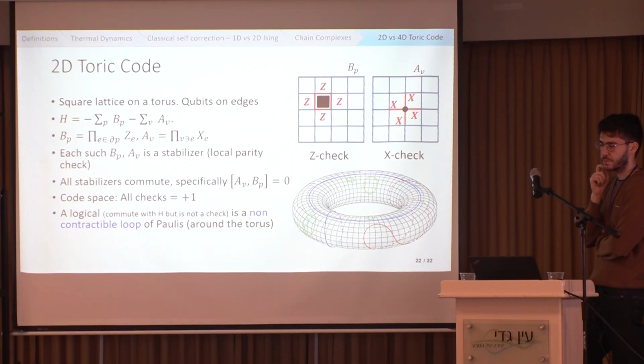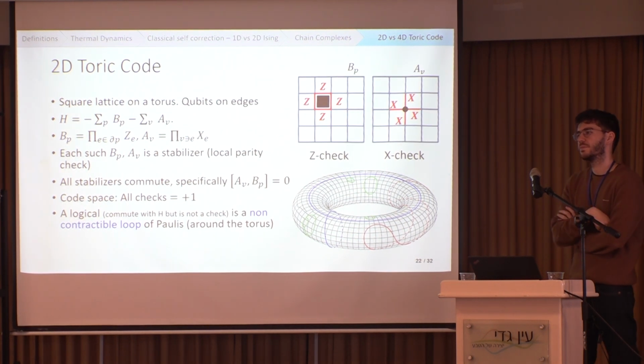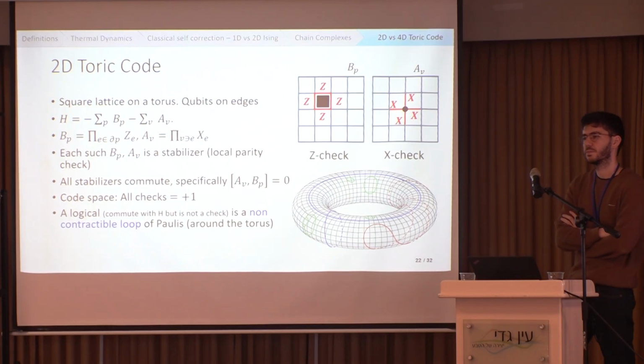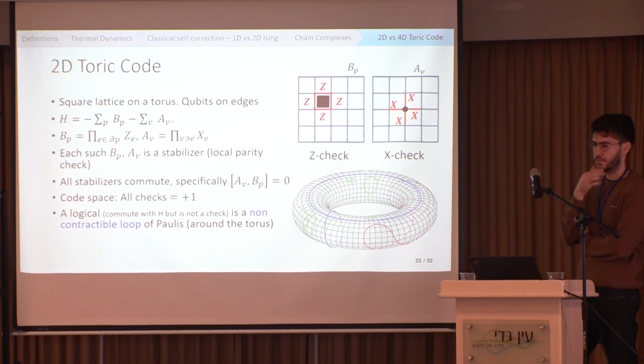I think the term logical operator wasn't defined yet. It's applying Paulis that transform a code word to a code word. So it preserves the code, but it doesn't preserve specific code words.